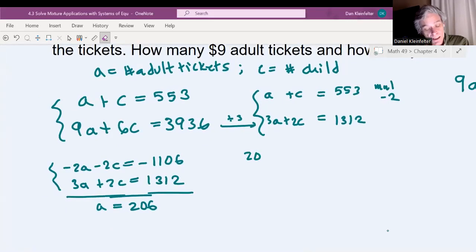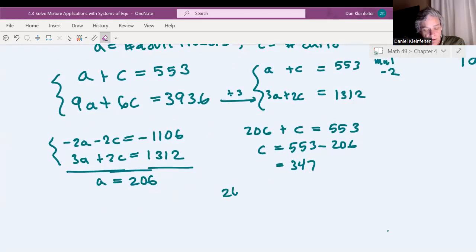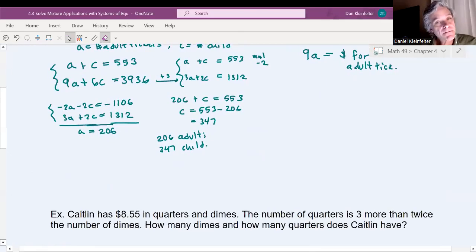We know that 206 plus C has to be 553. So then C will be 553 minus 206. And that's 347. So it looks like 206 adult and 347 child tickets. All right, that takes us to the end of that problem. Pretty typical ticket problem.